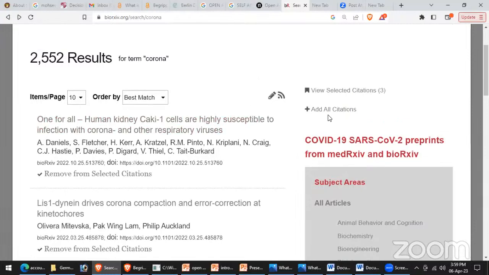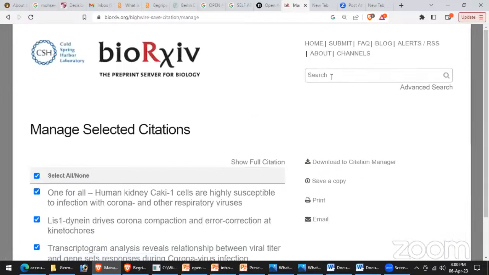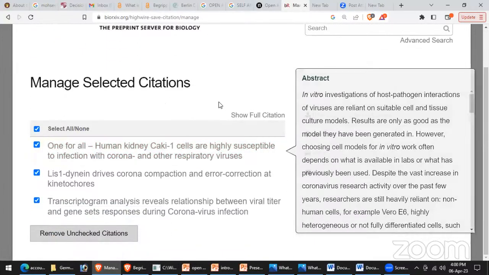And eventually I'll see how many papers related to my research I have collected. I can go and check it out over here. This is easily accessible to everyone, right? Even if I am a research scholar going for my research in coronavirus for the first time, what are the changes that have been taking place? See here. These are my selections.